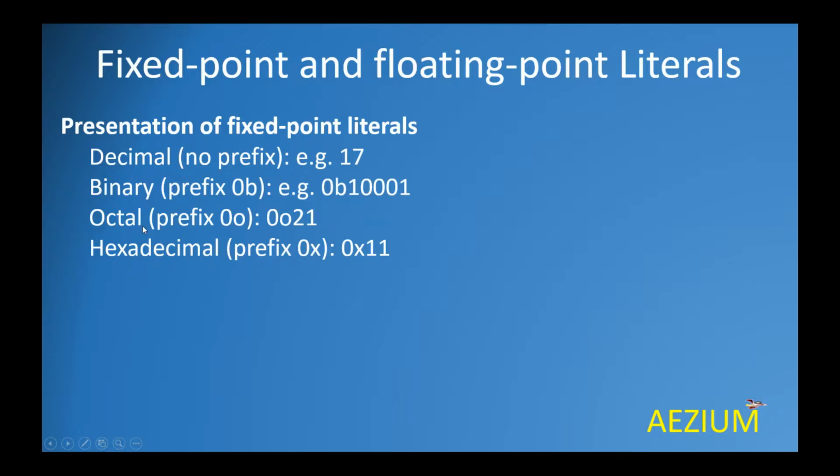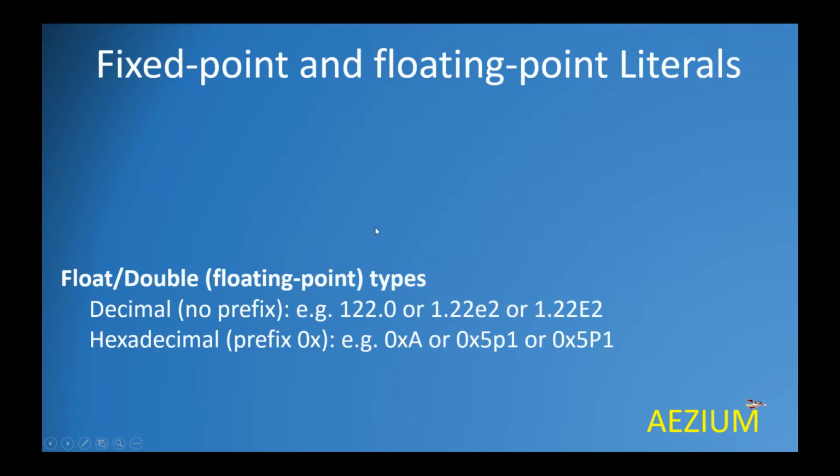Similarly, for octal, we have to use a prefix, and that prefix is going to be 0o. And for hexadecimal numbers, we use the prefix 0x. So these four representations refer to the same number, 17.